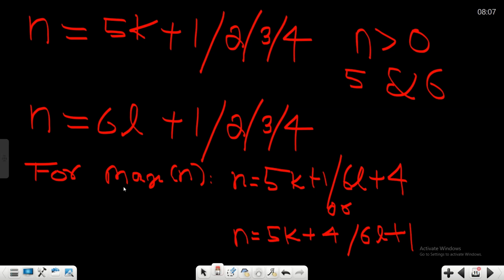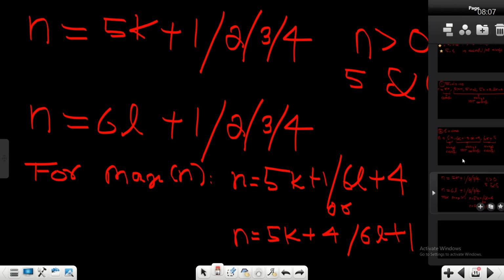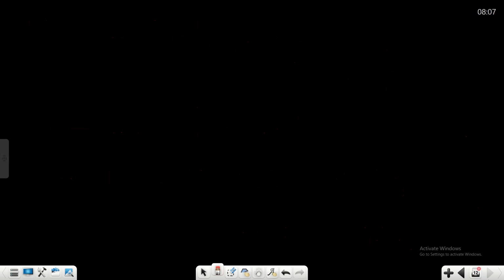So for maximum n, either n can be in the form of 5k plus 1 or 6l plus 4, or 5k plus 4, 6l plus 1. Now if you see, 5k plus 1 or 6l plus 4 is more viable than the other.